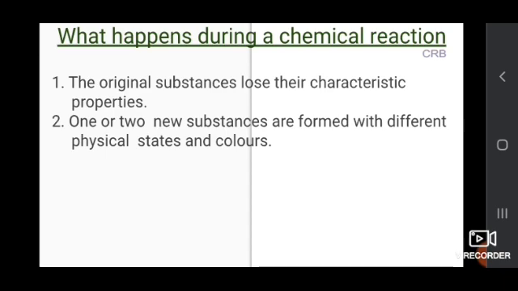Magnesium is having an ash-like color. We do not have any color for oxygen, but the product is gray in color, that means we get ash.